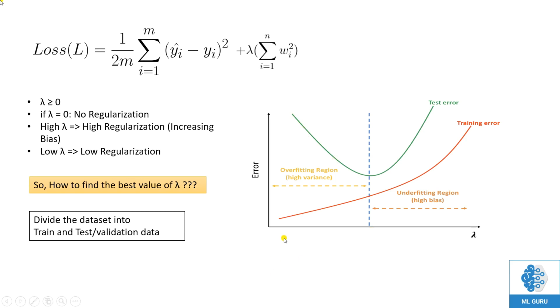And obviously the training error will increase because initially it was overfitting, but we want that our model should generalize the overall data, the training data as well as the test data or the validation data.